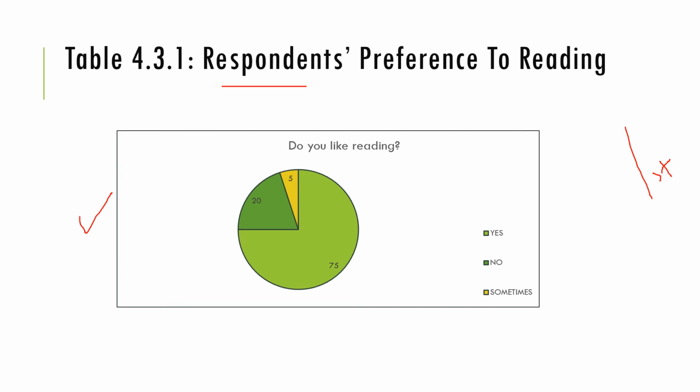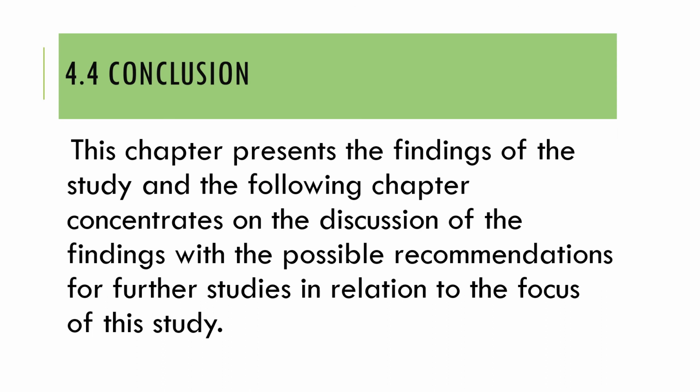And the last one, conclusion. You have reached the conclusion of chapter 4, where you write the summary of it. This chapter presents the findings of the study, and the following chapter, chapter 5, concentrates on the discussion of the findings with possible recommendations for further studies in relation to the focus of this study.